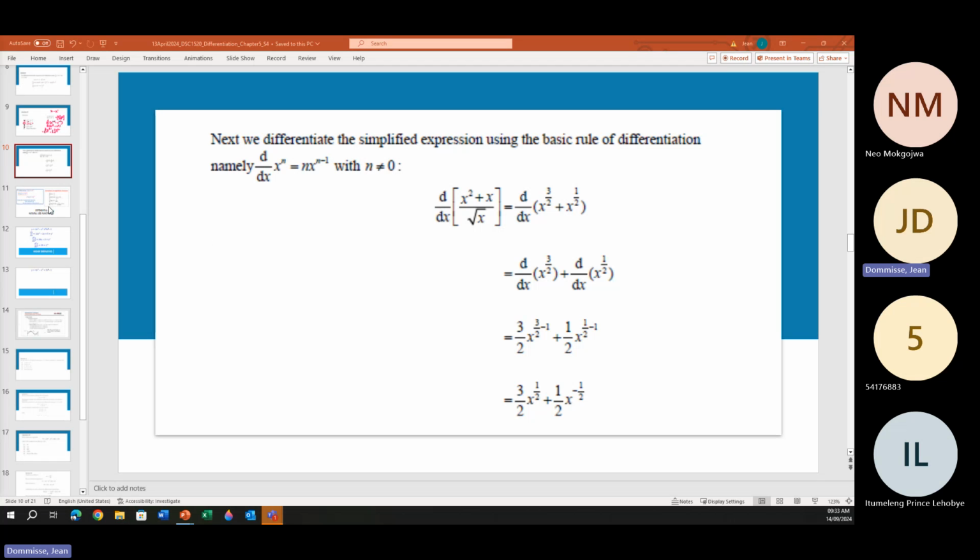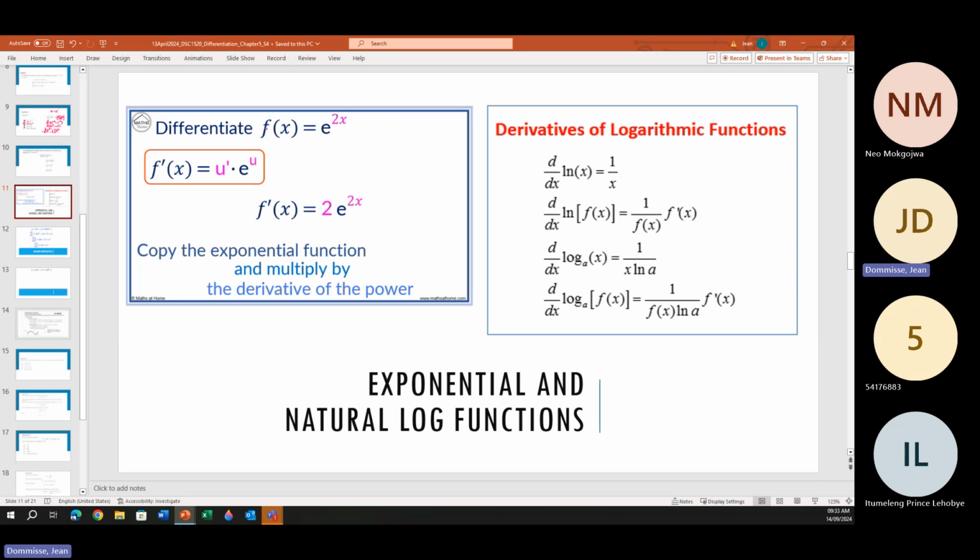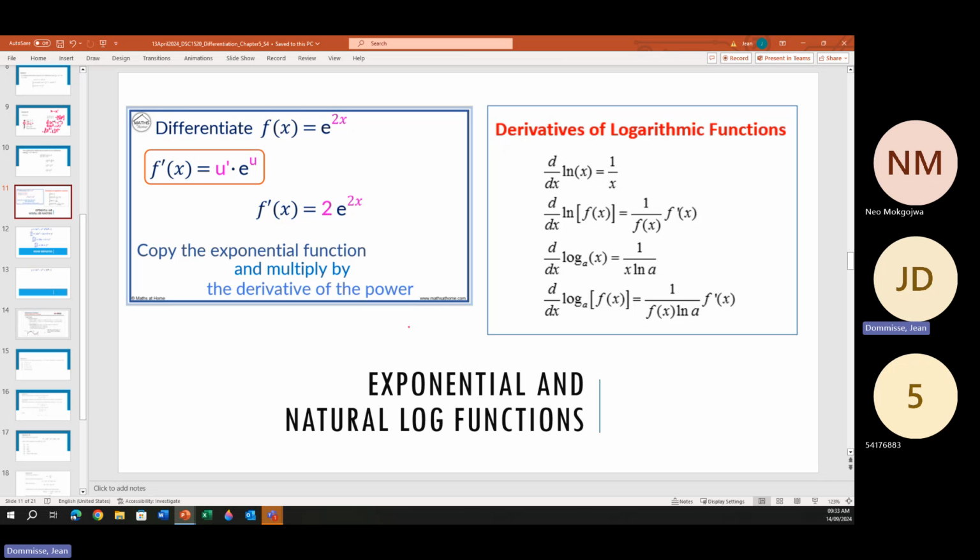Okay, so let's get into the next component. So we've looked at the first rule. So let's look a bit at exponential and log functions.